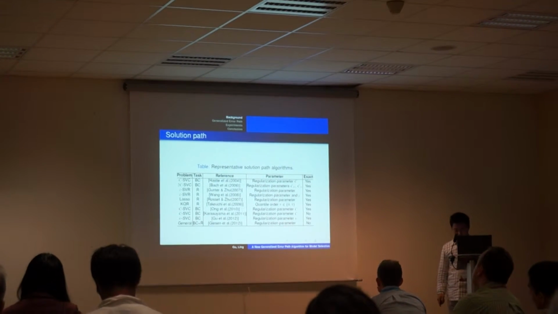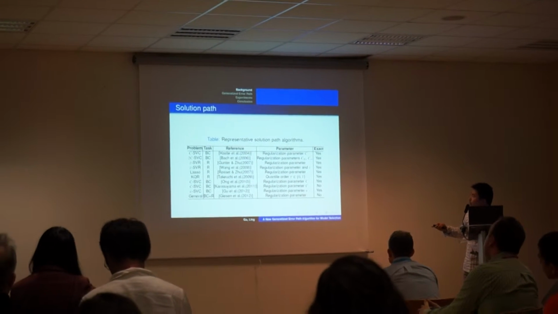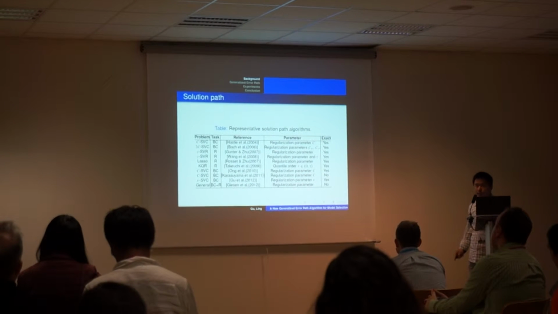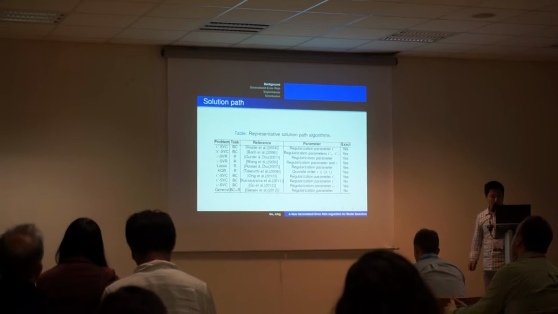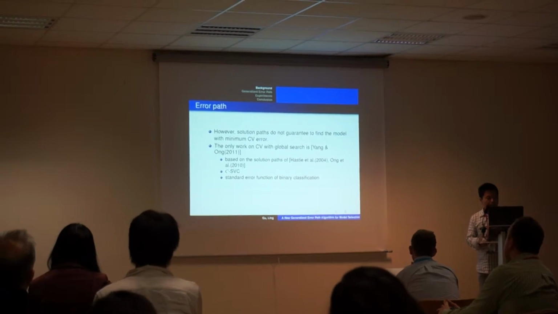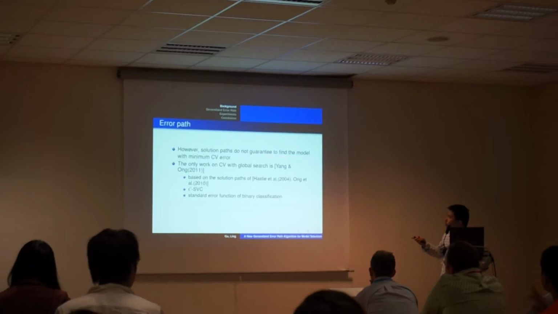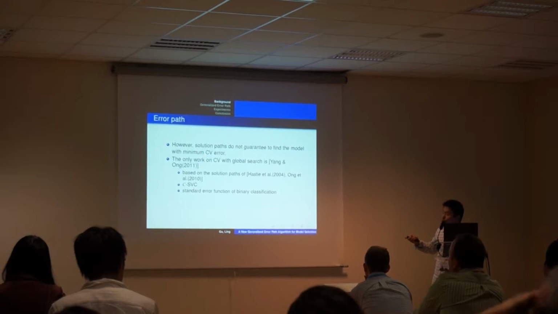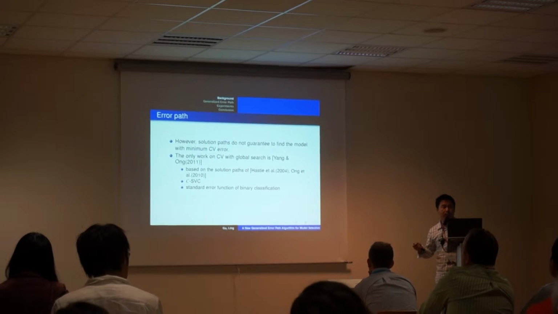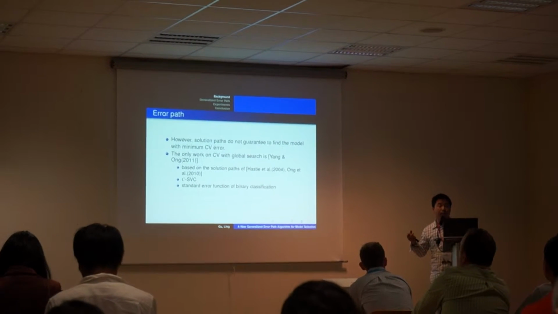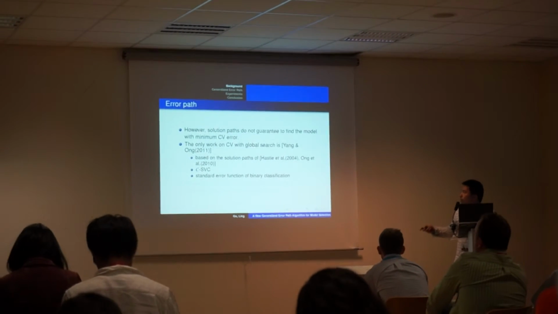And this solution path may give exact solutions or approximate solutions. However, solution paths do not guarantee to find the model with the minimum cross-validation error, because they do not correspond to the error path. They are just a solution path.